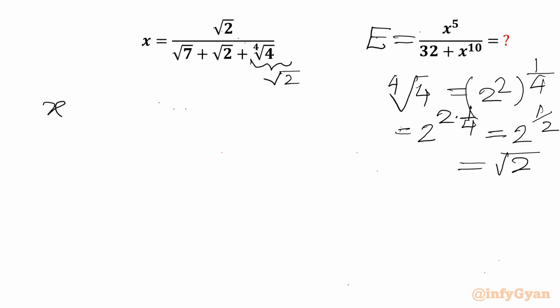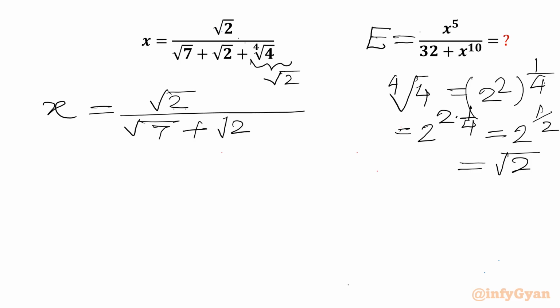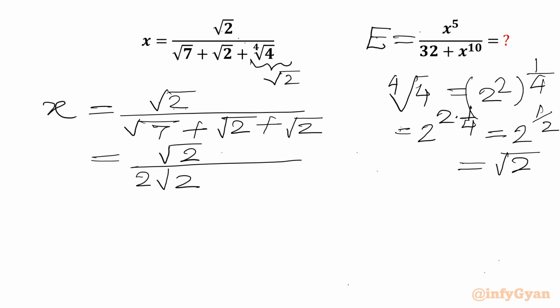So I will write here x equal to square root 2 over square root 7 plus square root 2 plus square root 2, which will be equal to square root 2 over 2 square root 2 plus square root 7.